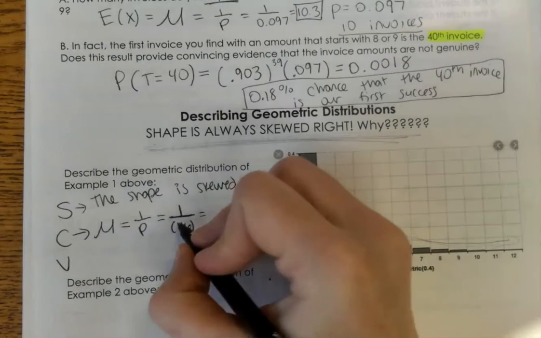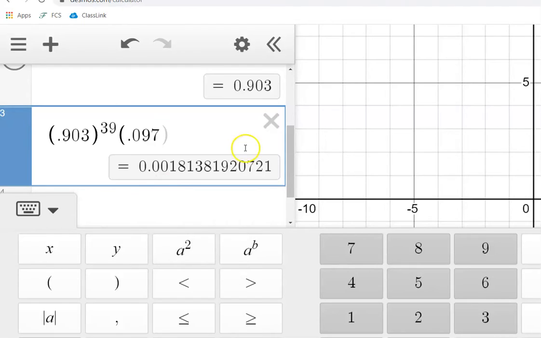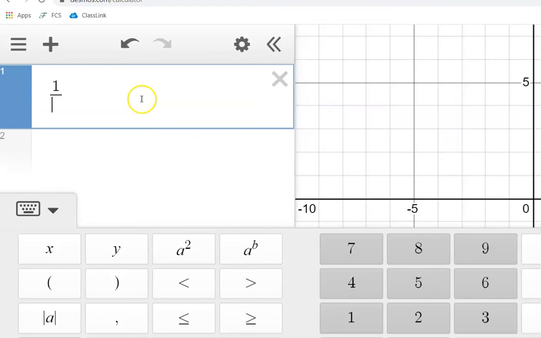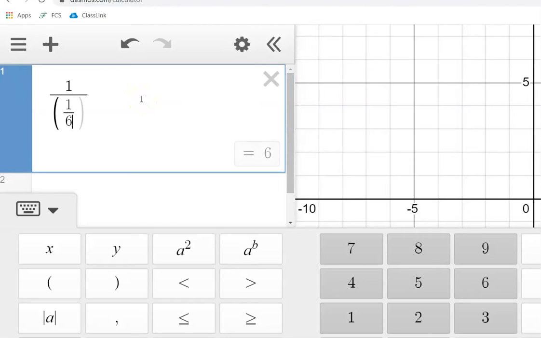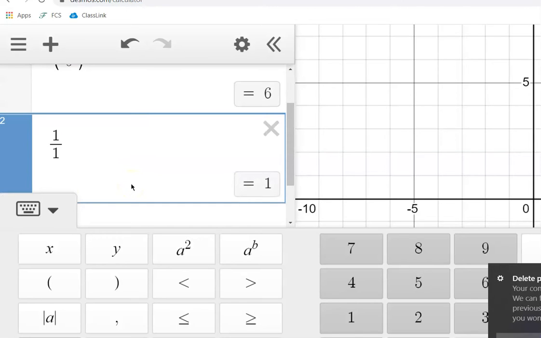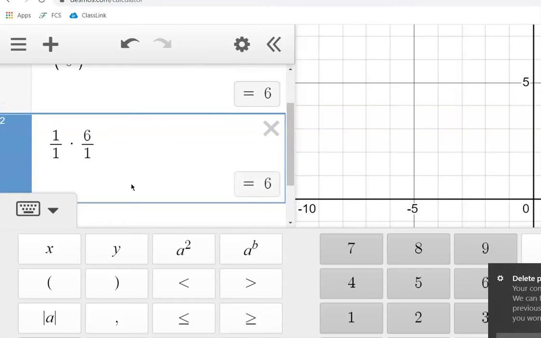I know it's going to look a little crazy. 1 divided by, and then down here we're going to do 1 divided by 6. Oops, not 7, 6. All right, so it looks like 6, which makes sense because when I'm dividing fractions, I can actually just multiply by the reciprocal. So that's essentially what we did.